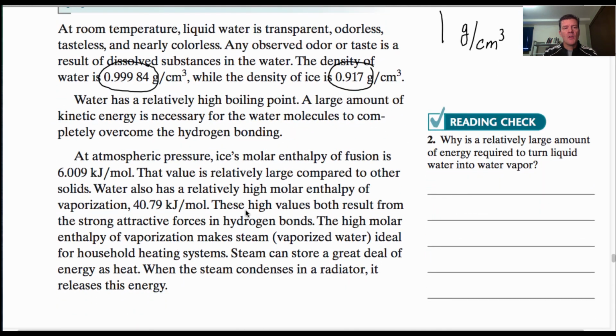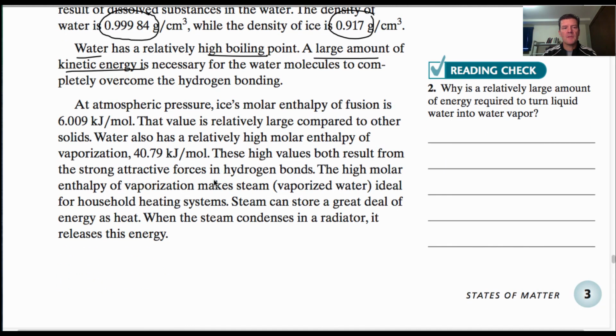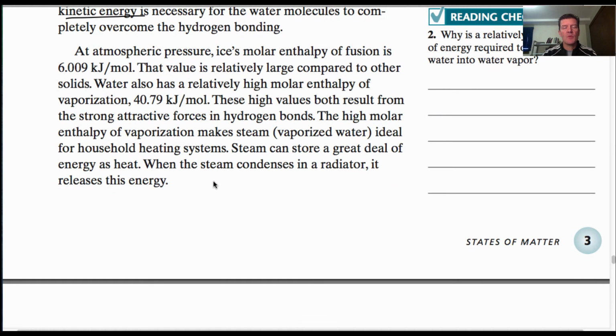Okay? Water has a pretty high boiling point, relatively high, higher than some substances. And it can absorb a large amount of kinetic energy before it begins to boil. Okay? That's another pretty wonderful trait. And we use that trait for water all the time.